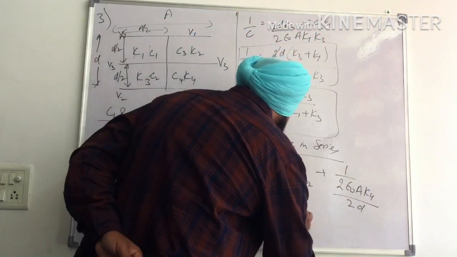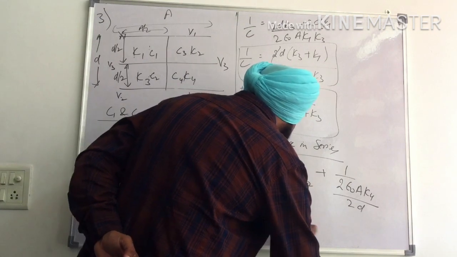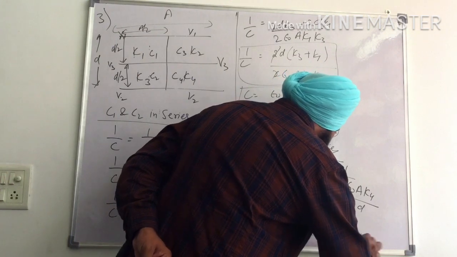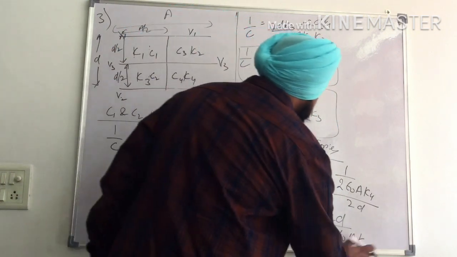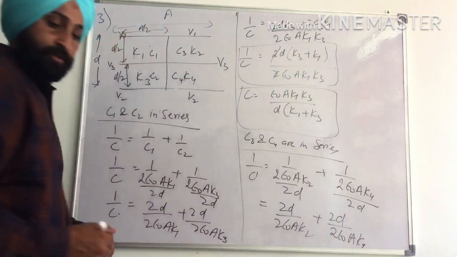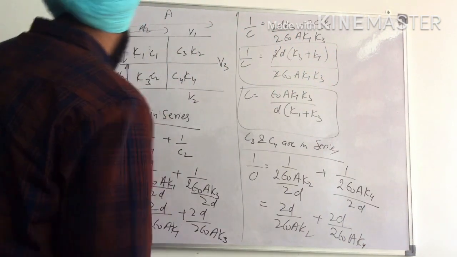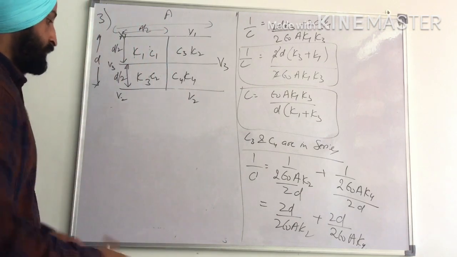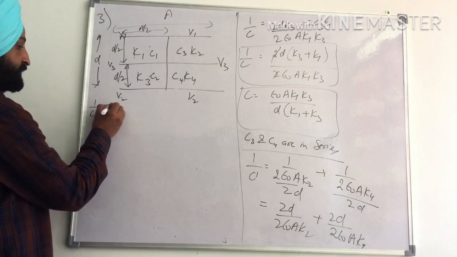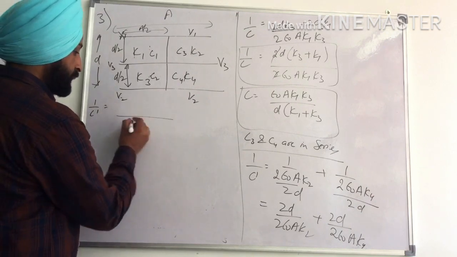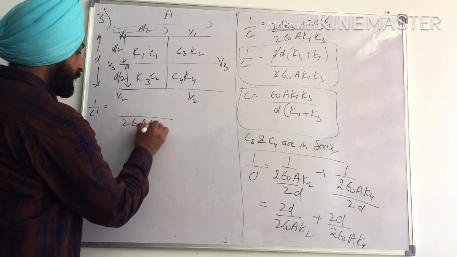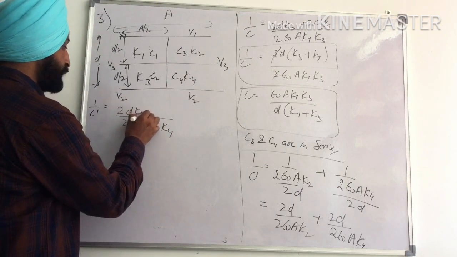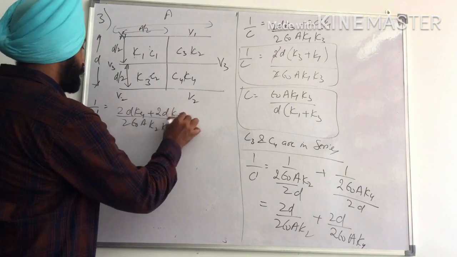So with further simplification we can write it as, now we will be taking LCM. So 1 by C dash will be equal to, 2 epsilon naught A K2 K4 is LCM. It will be 2D K4 plus 2D K2.